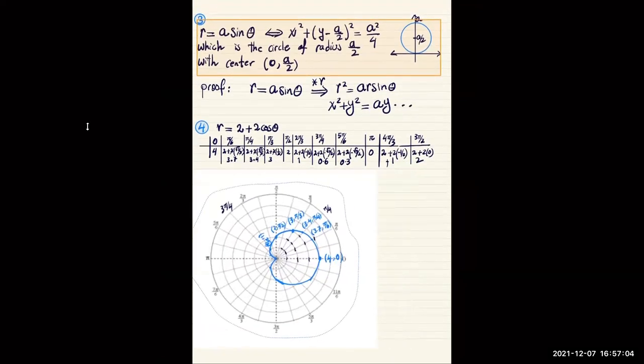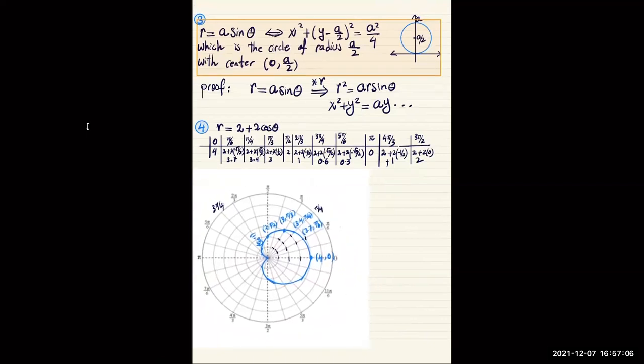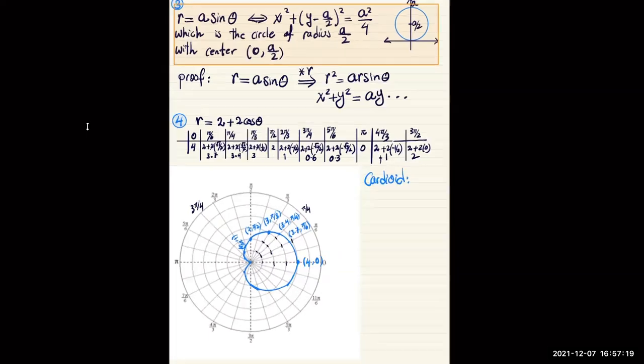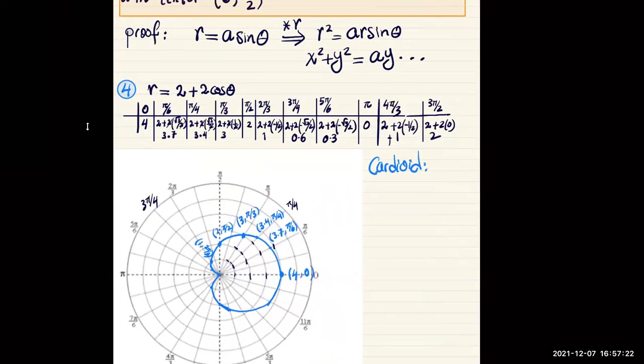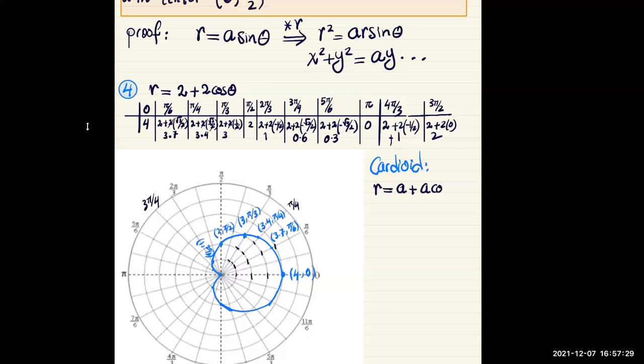So how do we know if the graph is going to be a cardioid? Cardioids happen if you have r equal to a plus a cosine theta, or r equal to a plus a sine theta, just like what we have here.